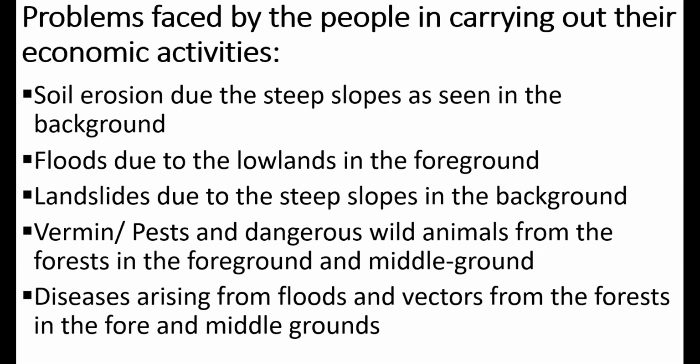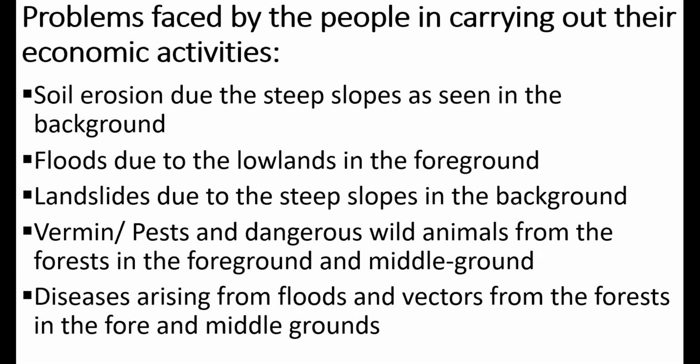Then another problem faced by the people in the area in carrying out activities, whether it is agriculture or animal rearing, is the problem of vermin. Vermin refers to pests and dangerous animals, dangerous wild animals from the forest in the foreground and in the middle ground.